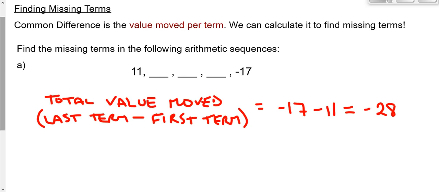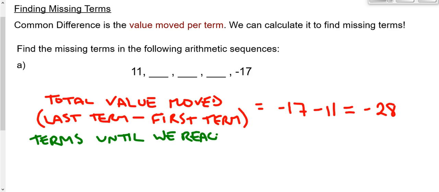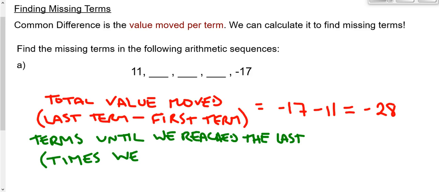Now, the common difference is the total value moved per term. So the next thing we have to figure out is the terms it took us to reach that, the terms until we reached the last. And that just means how many times did we move? It's really important to understand it's the times we moved, not the total number of terms in the problem.